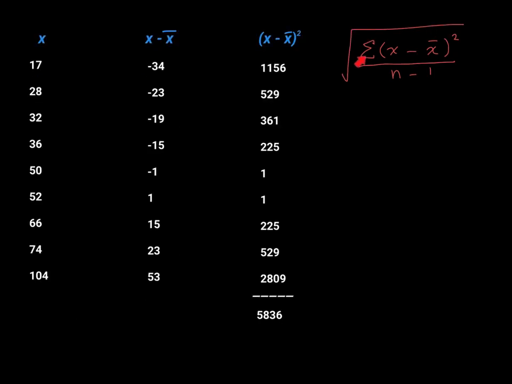Again, that was this part of the step of the formula. So the next thing I need to do is take this sum, 5,836, and I need to divide it by n minus 1. Because there are 9 different stocks, 9 different data values, n minus 1 in this case is going to be 9 minus 1, which is 8. So actually, let me write it like this.